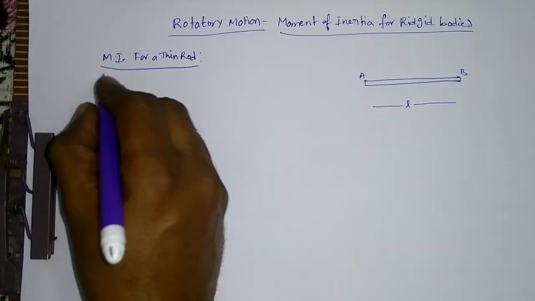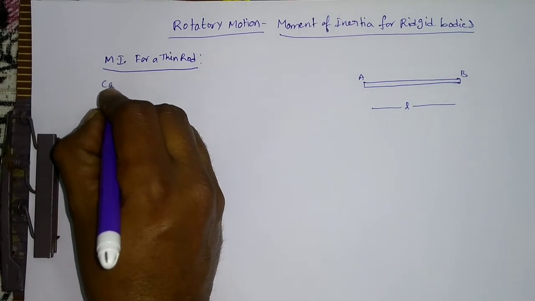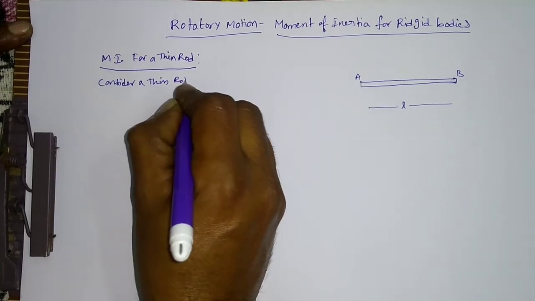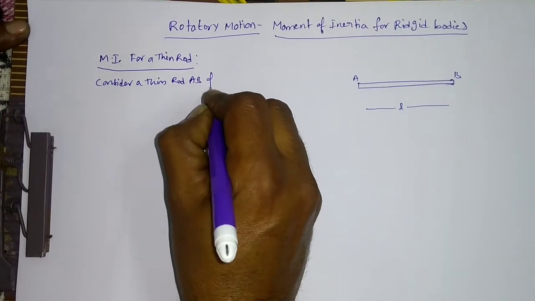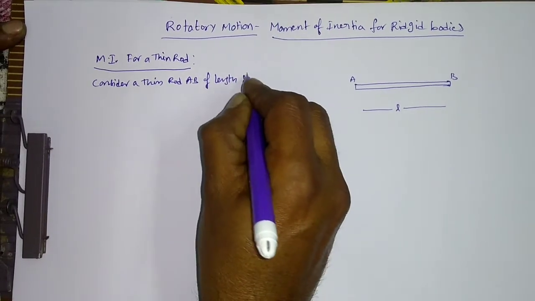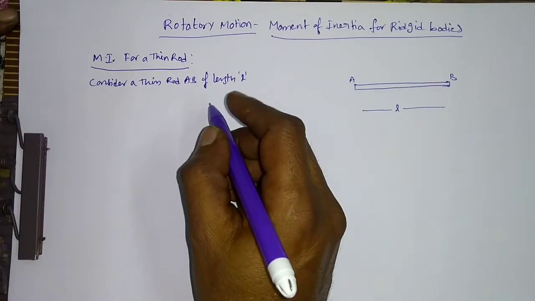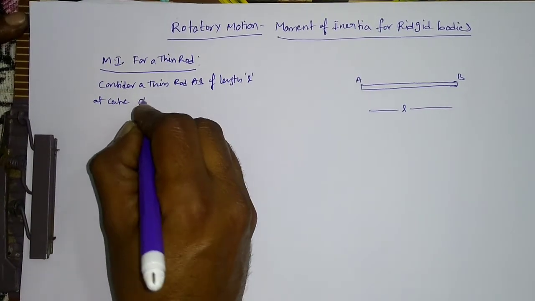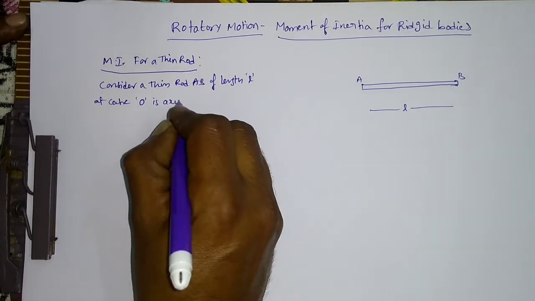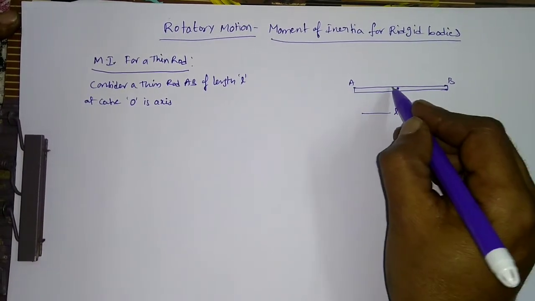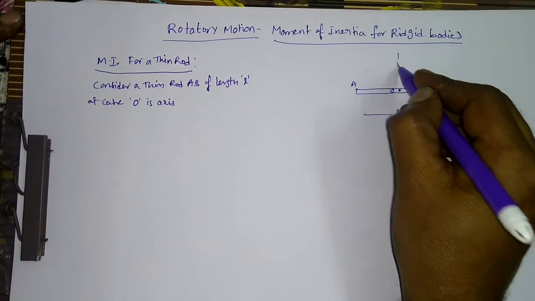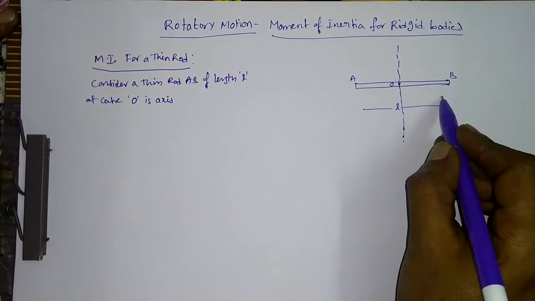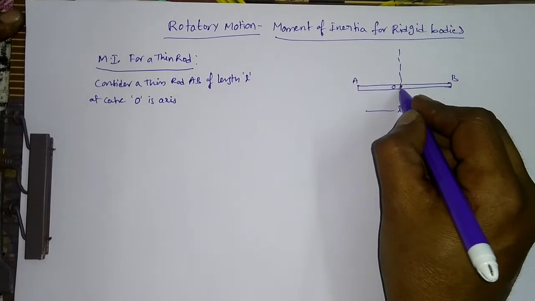Consider a thin rod AB of length L, with the axis at the center, the point O. With respect to this axis, the rod rotates, and the total length L is divided into two parts, exactly at the mid of the length.